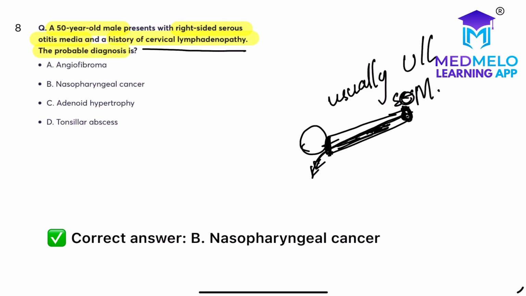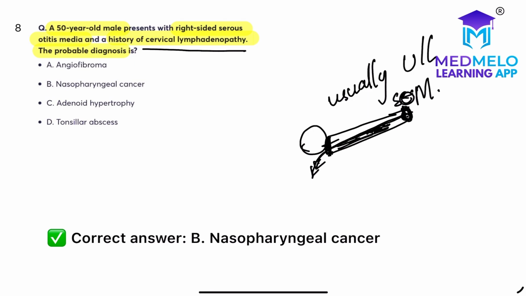Why not the others? Why is it not angiofibroma? Because it is seen in adolescent males. It is also called juvenile nasopharyngeal angiofibroma. It commonly affects adolescent males, and it presents with epistaxis.